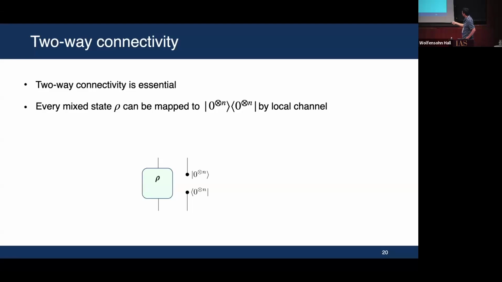This is a state of a system. This is a product state environment, and we just swap them. And now you trace out the environment. You get a trivial state. So you can turn any state into a trivial state. Doesn't mean that they are equivalent, right? We don't want to claim any state is trivial. So that's why we really need to have two-way connectedness.